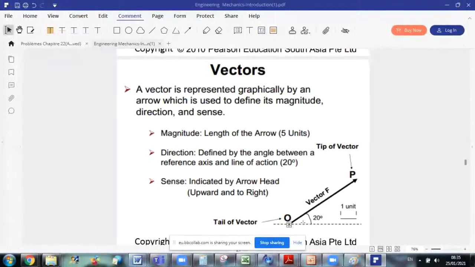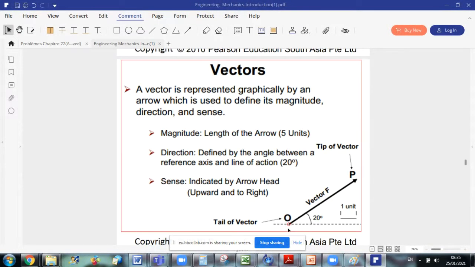For the force vector, it's important to know its point of application. Second, we have the magnitude. If you want to draw a vector, I should take a scale and I should know its magnitude.